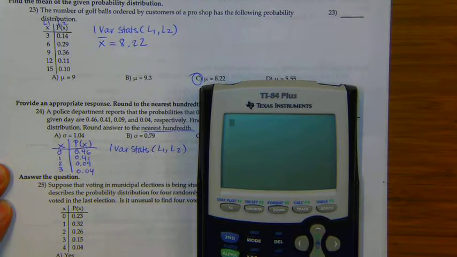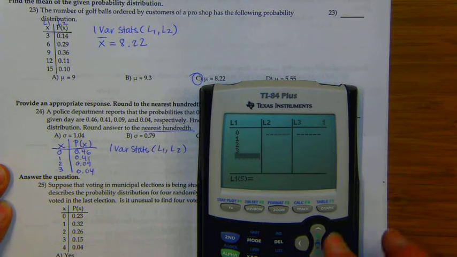So let's go out of here. We're going to go Stat, Edit, clear out list 2 and clear out list 1. Put in the random variables 0, 1, 2, 3, and put in the associated probabilities 0.46, 0.41, 0.09, 0.04.